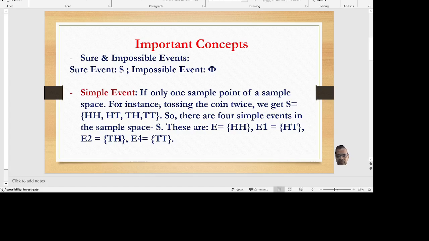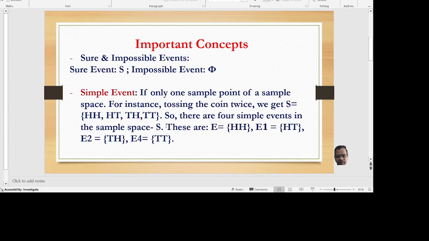For instance, tossing a coin twice. What are the outcomes we get? The sample space S equals HH, HT, TH, TT. We can get head head, head tail, tail head, and tail tail. So there are 4 simple events in this sample space.